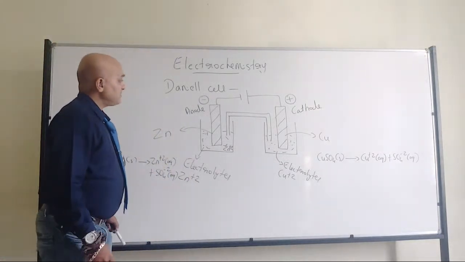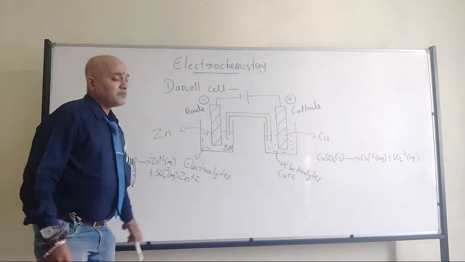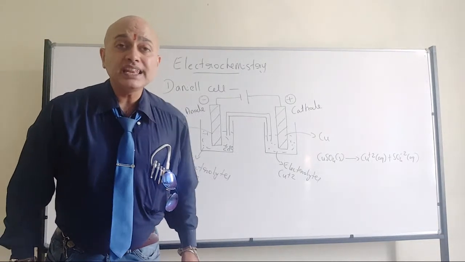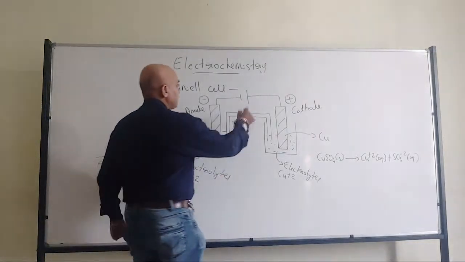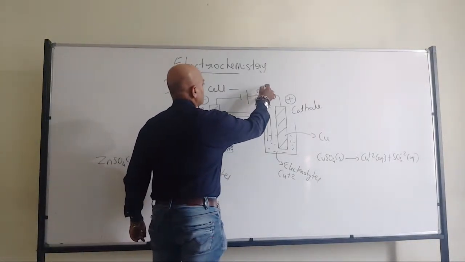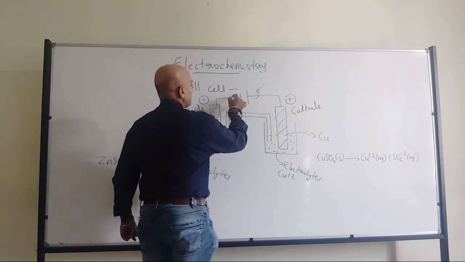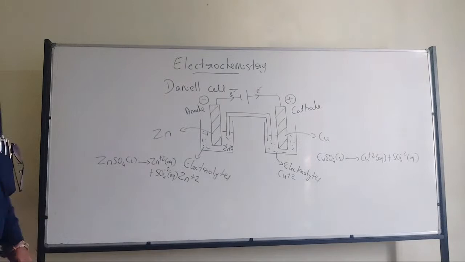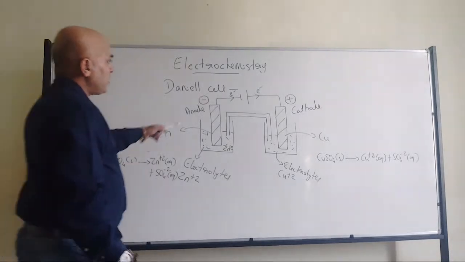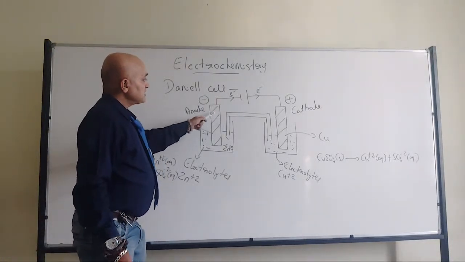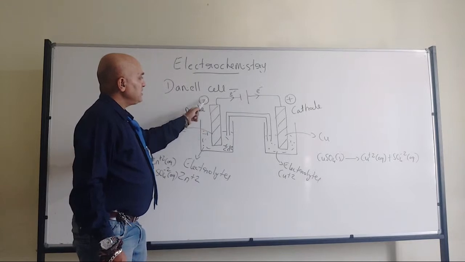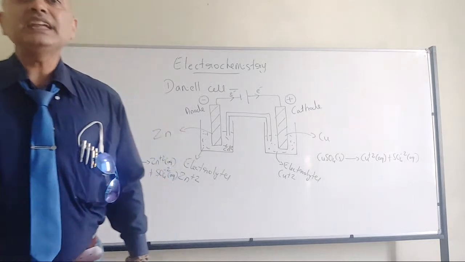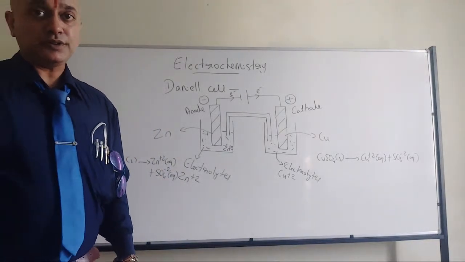The reason is very simple. Anode is the one which is going to generate the electrons, which is going to release the electrons, and there will be movement of electrons towards the cathode. Since electrons are negatively charged, and since they are generated at anode, we assume that anode will be negatively charged or negative electrode.